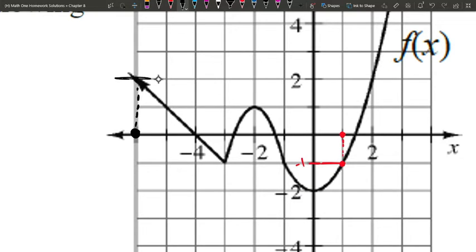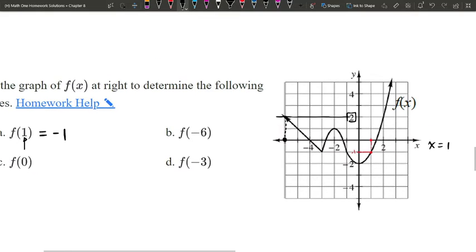It hits at this level. So this is my output at that spot. My output is going to be positive 2. So when x is negative 6, this function gives me back a positive 2. So negative 6 produces an output of positive 2.